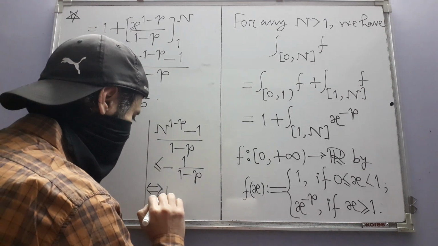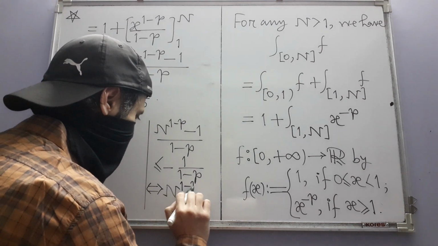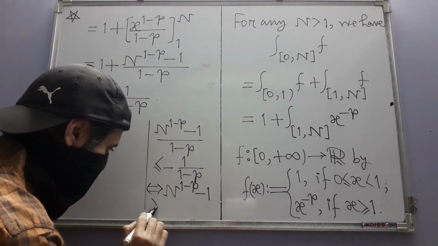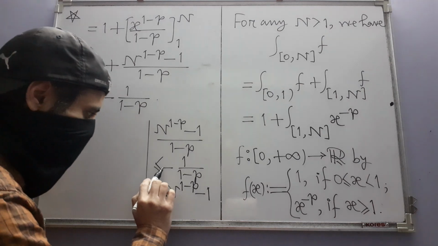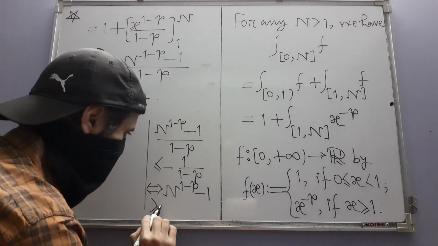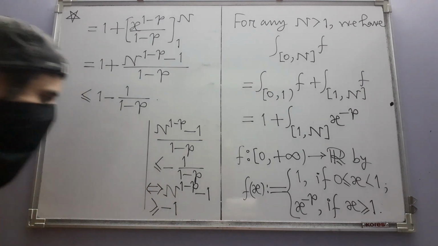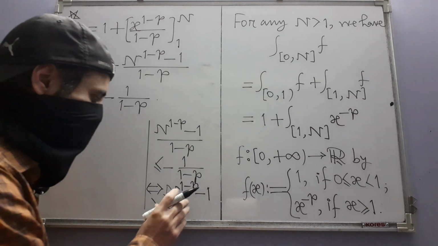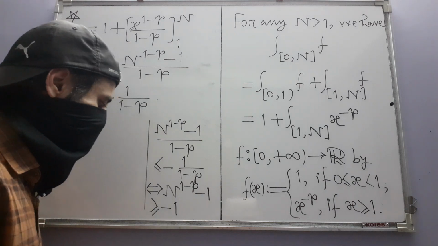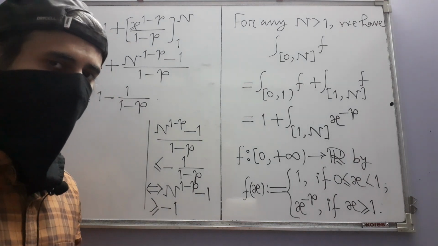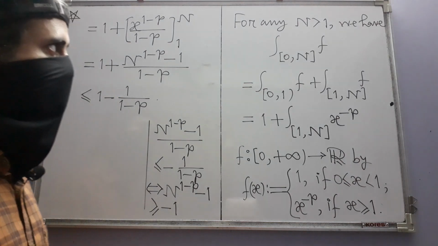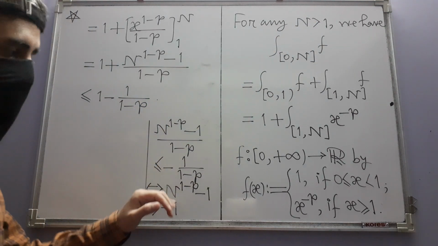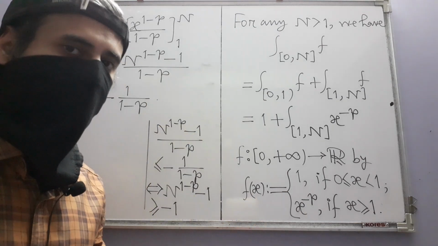So if you do that, you will have n to the power 1 minus p minus 1 greater than or equal to minus 1. Do not forget that we have a minus sign here. And this will then be equivalent to the inequality that n to the power 1 minus p is greater than or equal to 0. Yes, it is, because our n is greater than 1, and so n after all is a positive real number.